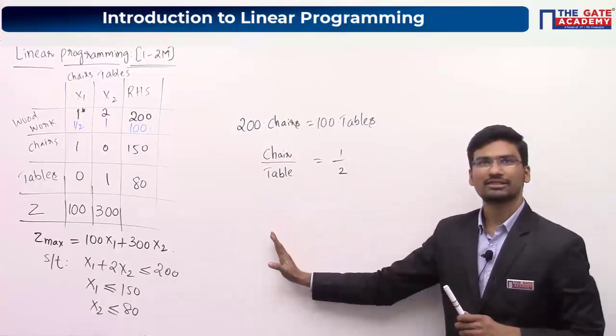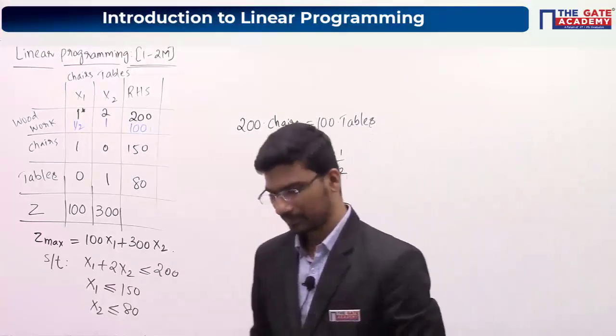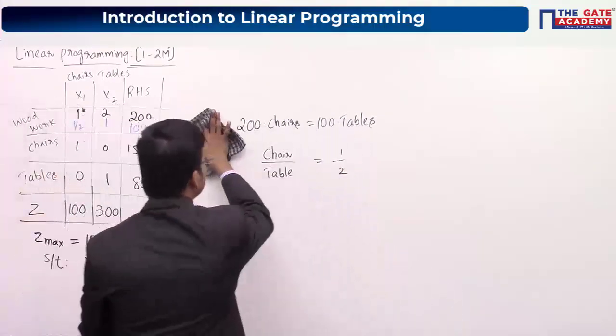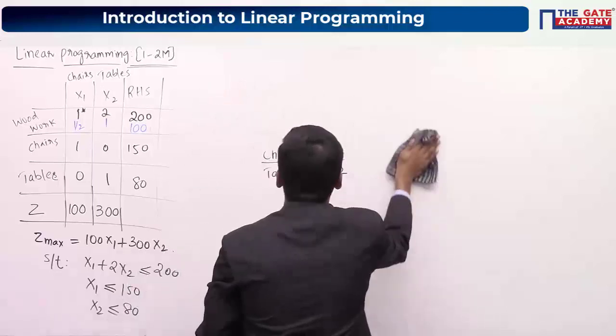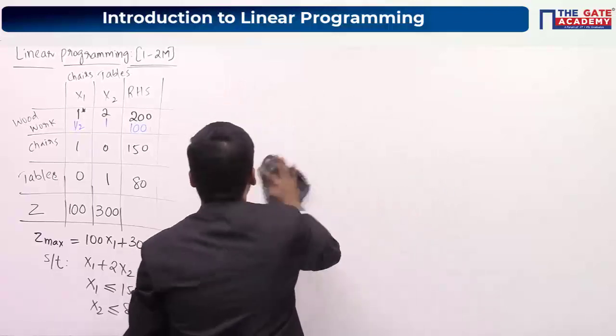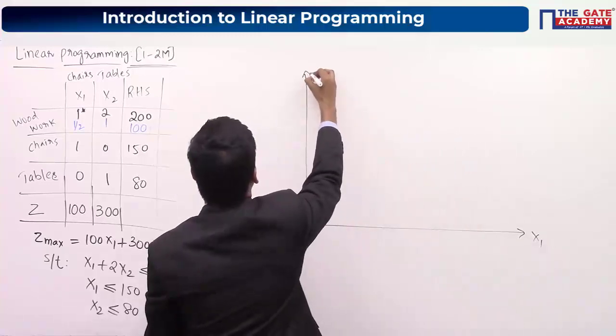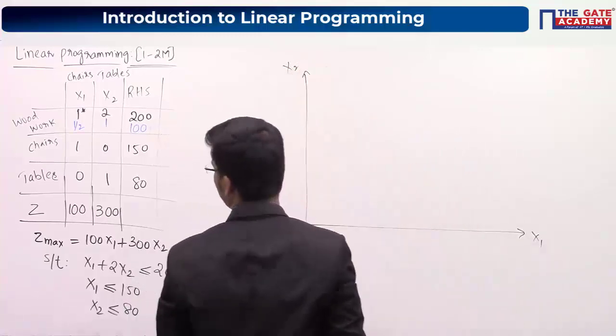So draw the graph for this and find out the maximum profit. I hope you are not having any doubts, that's why I have not commented anything. Plot the graph and please check whether you are getting 28,000 or not. Again we are having only two variables, right?